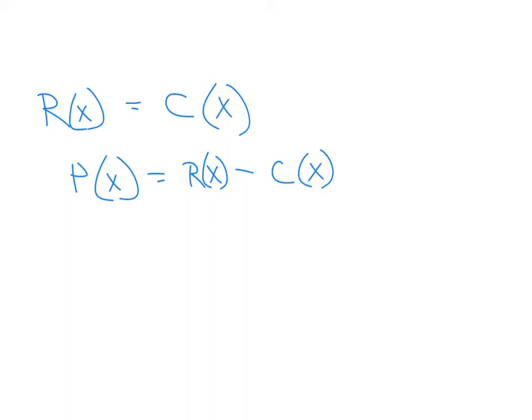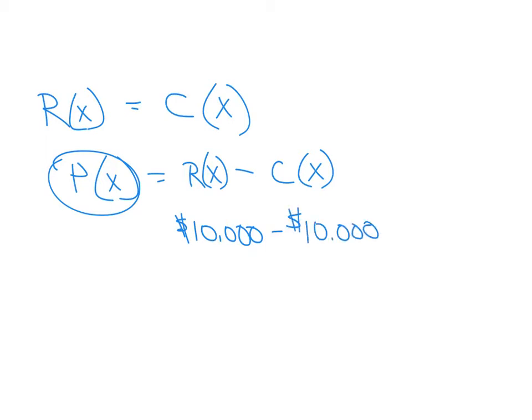So we can say that a company breaks even if the profit is 0. For instance, if the revenue they made off of this product was $10,000 and they're jumping up and down because they made $10,000, but now they have to figure out, oh, it costs us $10,000 to make that product.